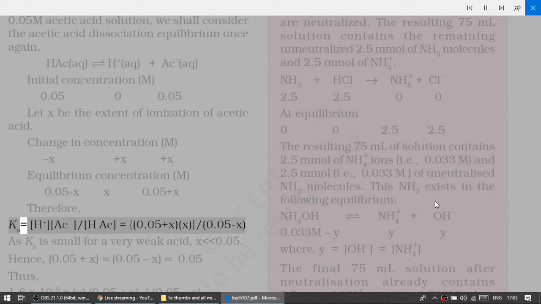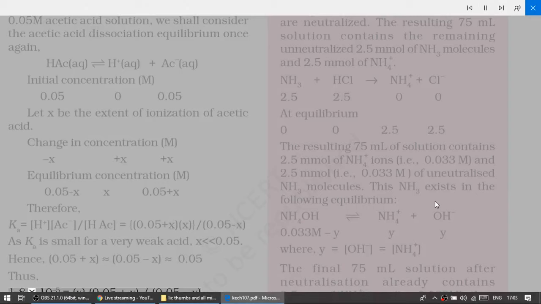Therefore, K = [H+][Ac-]/[HAc] = x(0.05 + x)/(0.05 - x). As K is small for a very weak acid, x << 0.05. Hence, 0.05 + x ≈ 0.05 and 0.05 - x ≈ 0.05.